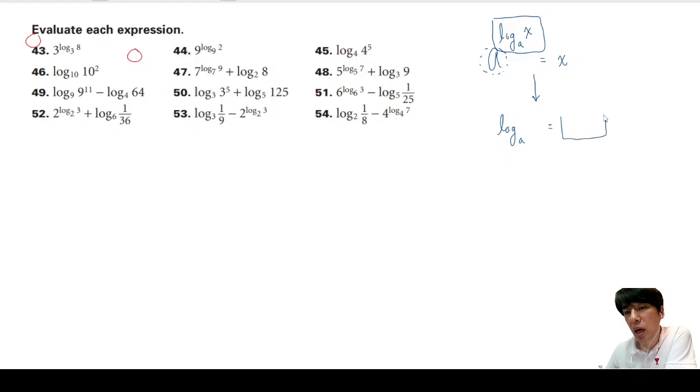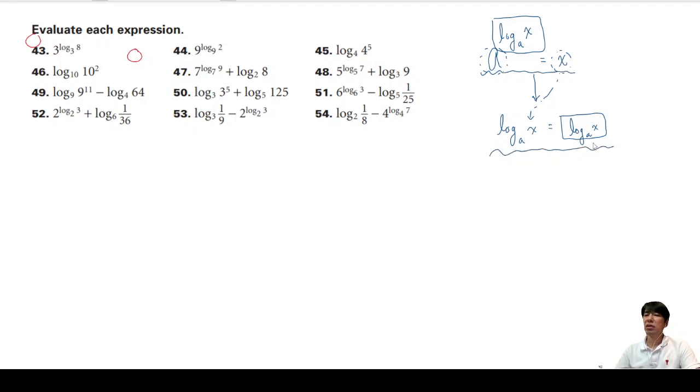So this is where the power appears. So log base a of x, that power is equal to this x. So this x comes to this part here. So basically what we have is log base a of x is equal to log base a of x. So this expression and this expression are basically equivalent expressions. So this is totally legitimate, okay? So this one holds. So when you look at this kind of problem, just look at this base and this base. And if they are the same, your answer is just x.